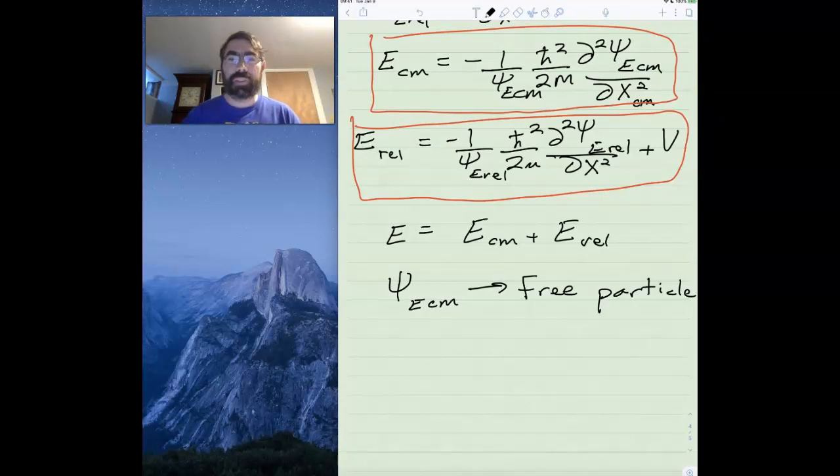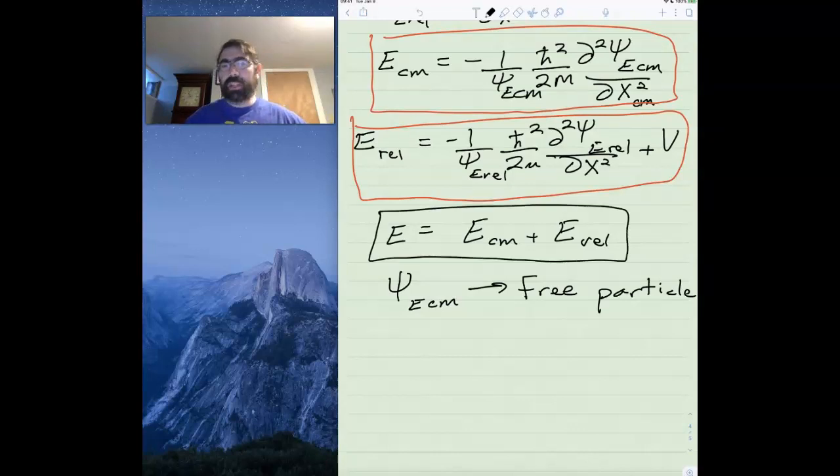It's essentially sines and cosines, a propagating wave. And then to solve the relative motion, you need to know the form of the potential energy. But again, that's essentially the solution: a sum of center of mass motion and relative motion.